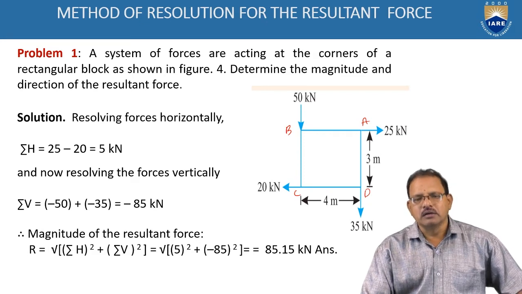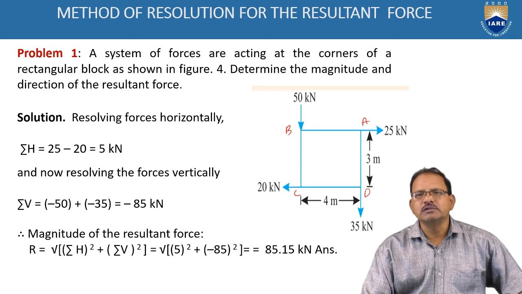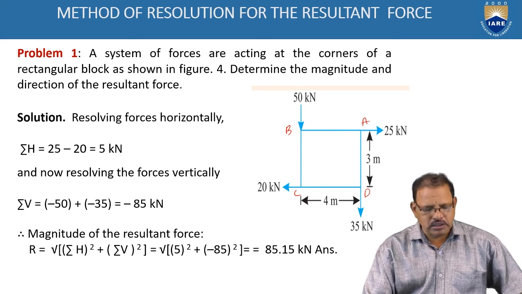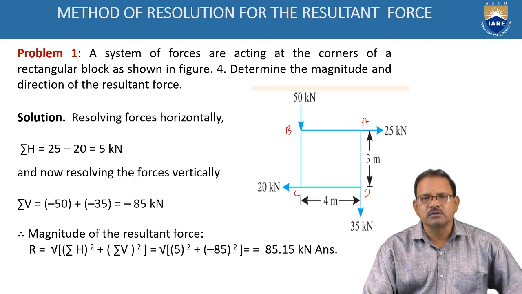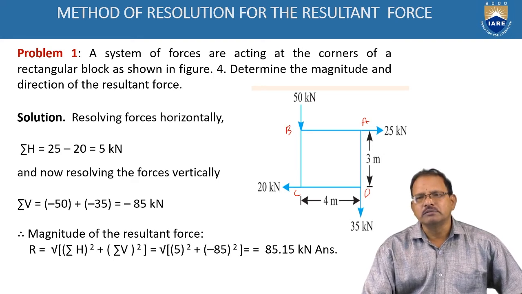Similarly, while taking the algebraic sum of vertical components, the forces acting in downward directions are treated as negative. For example, 50 kilonewtons is negative. Similarly, 35 kilonewtons is also acting downward, so it is also treated as negative.